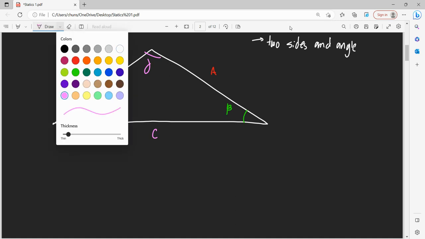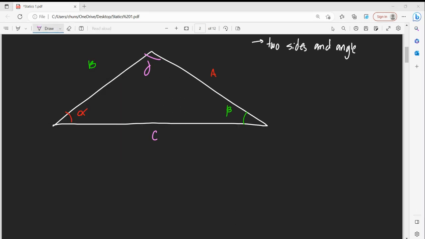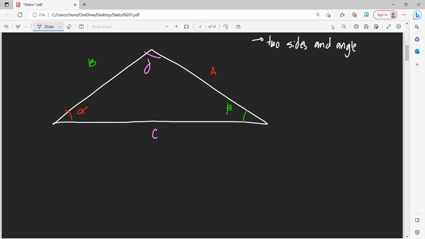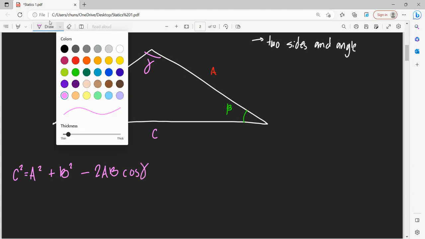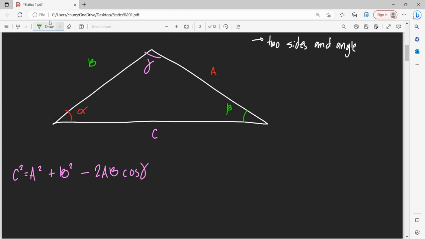So if we were to start with c, that would be c squared is equal to a squared plus b squared minus 2ab cos of the angle that is across from c, which is gamma. So let's do it for b.